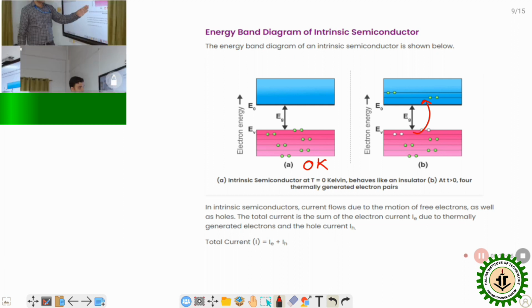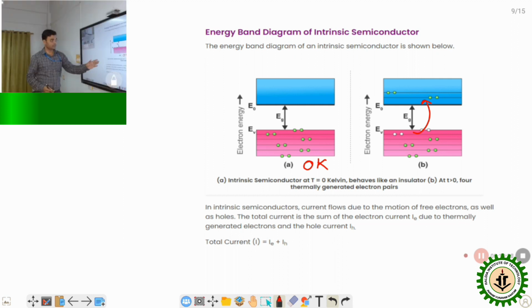So at 0 Kelvin, the intrinsic semiconductor behaves as an insulator, and above room temperature, it behaves as a conductor.